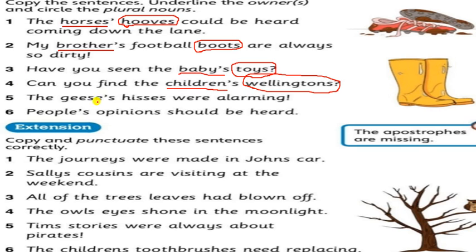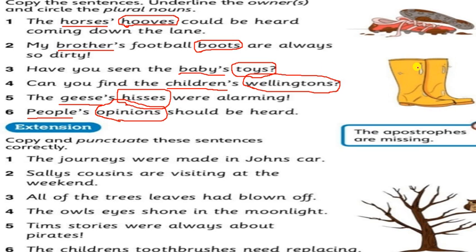Number 5. The geese's hisses were alarming. So the geese are the owner. Hisses is the plural noun. Number 6. The people's opinions should be heard. So people are the owners and the word opinions is the plural noun that we should circle.